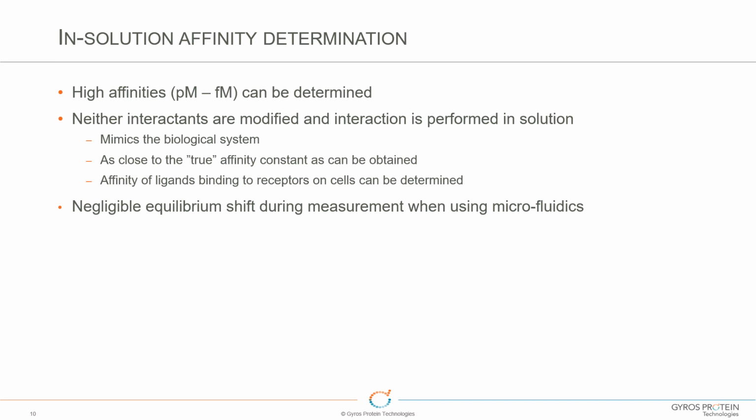And the affinity of ligands binding to receptors on cells can also be determined. So that's an area I know that many customers are working on, like cell-based affinity determination. And as Rob's mentioned, because of the microfluidics, this does minimize the equilibrium shifts, because the incubation times on the Gyrolab are in the seconds rather than in the hours as part of the assay steps.